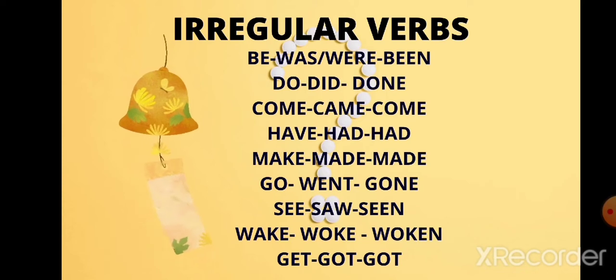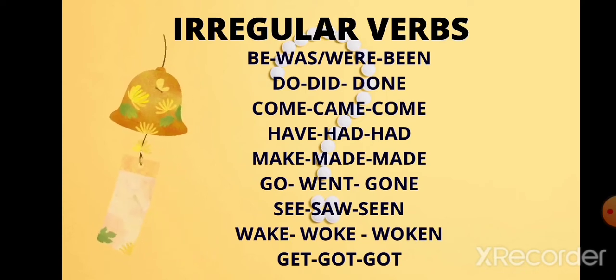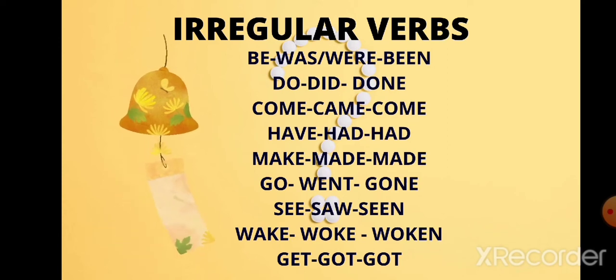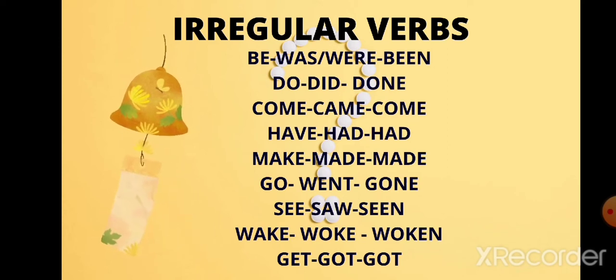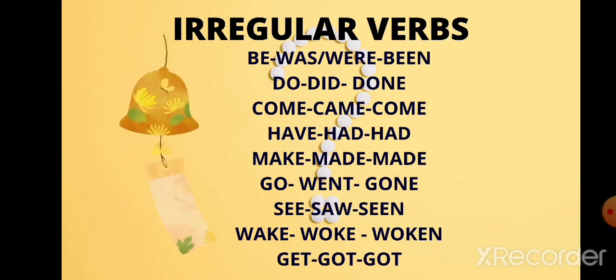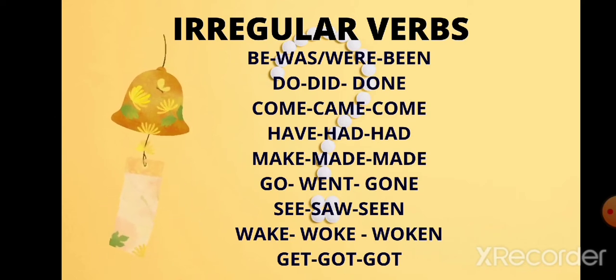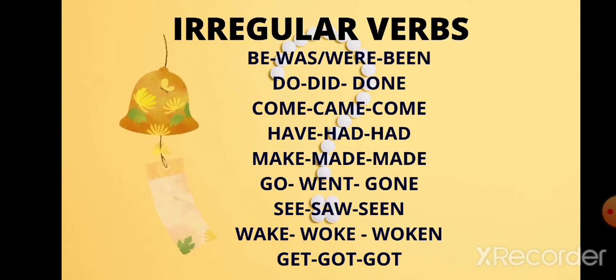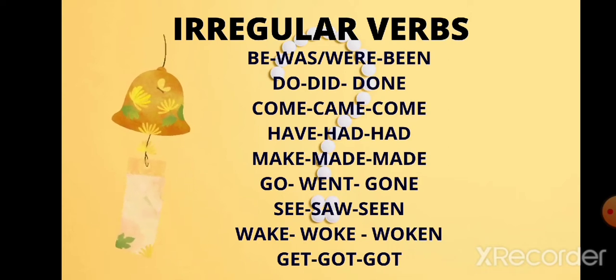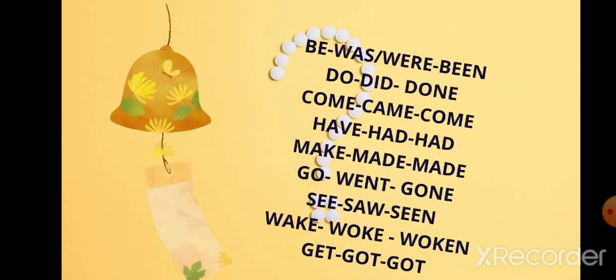And here some samples are given. Be, was, were, been, do, did, done, come, came, come, have, had, make, made, made, go, went, gone, see, saw, seen, wake, woke, woken, get, got. You have to learn them by heart, but don't worry. You will learn them in the process of studying, doing samples, repeating.